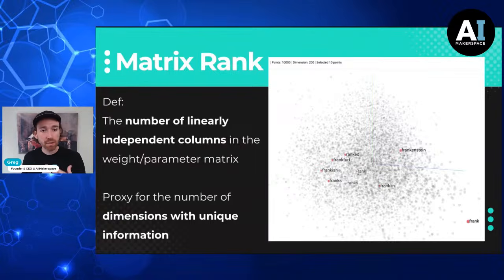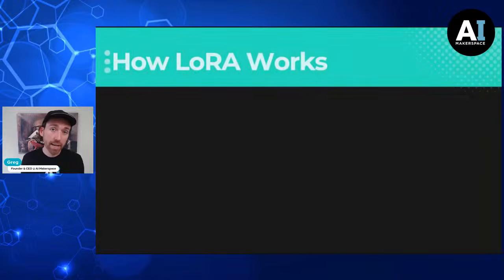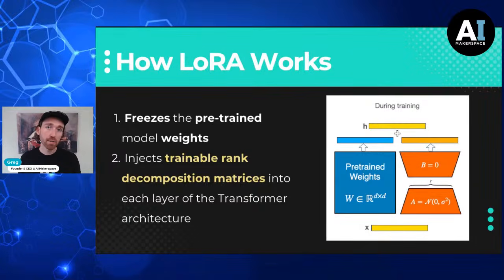Now, as we think about how LoRA works beyond this idea of matrix rank, we want to think about the 2 steps. Step 1 is for it to freeze all pre-trained weights. This is cool, and this is the adapter piece.